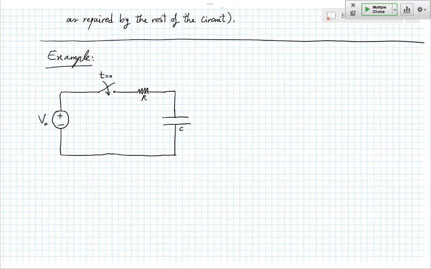So the question is, if we call this VC, if we call this IC, and VR and IR, the question is, what is VC of t?